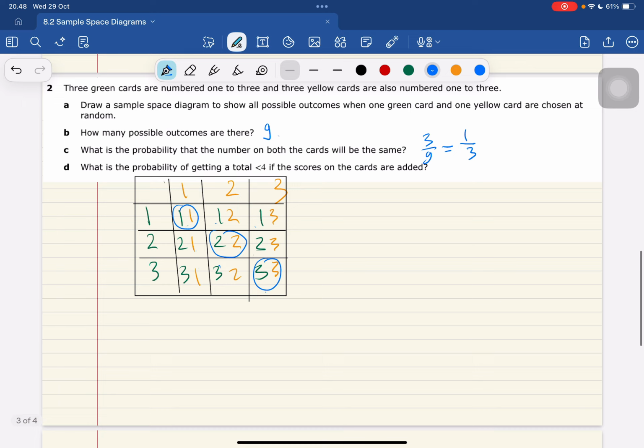First, 1 and 1: 1 plus 1 is 2. Then 1 plus 2 is 3. 2 plus 1 is 3. We only got 3/9, or simplified, 1/3.